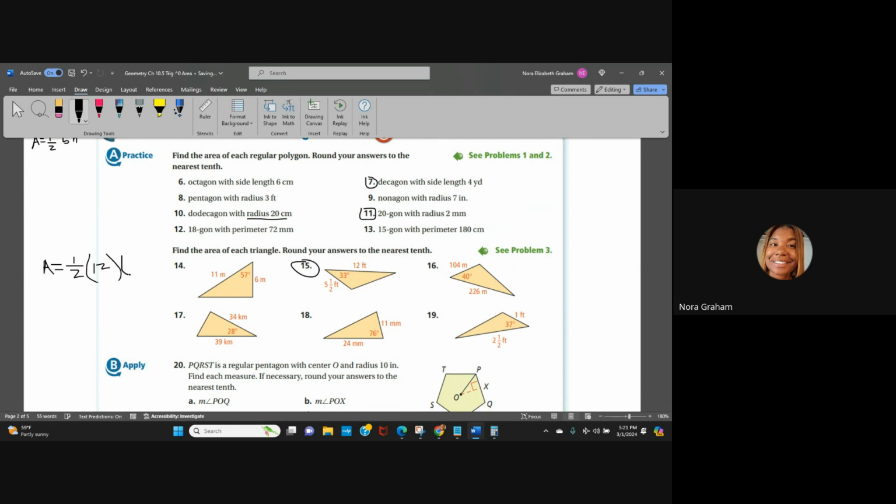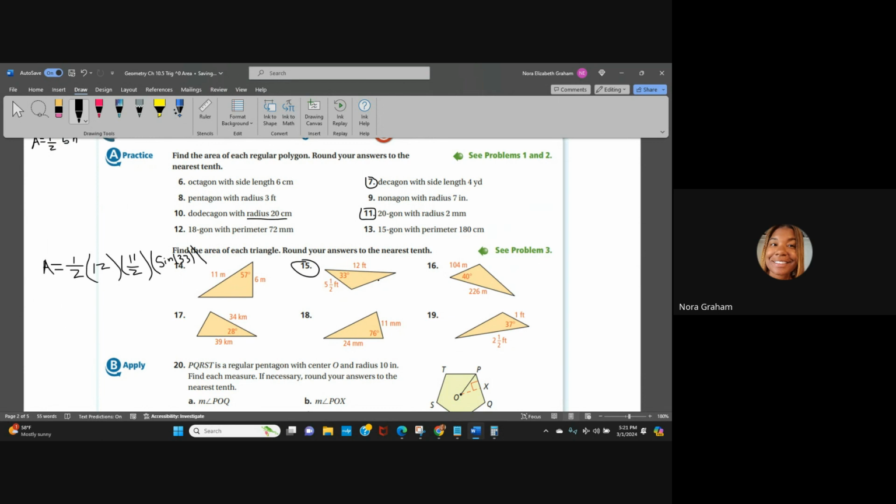I can change this mixed number into an improper fraction. So I multiply 5 times 2, that's 10, and then add the 1, 11. So that's 11 over 2. And then times the sine of 33 degrees. And you can go ahead and type that in your calculator and get your answer for 15.